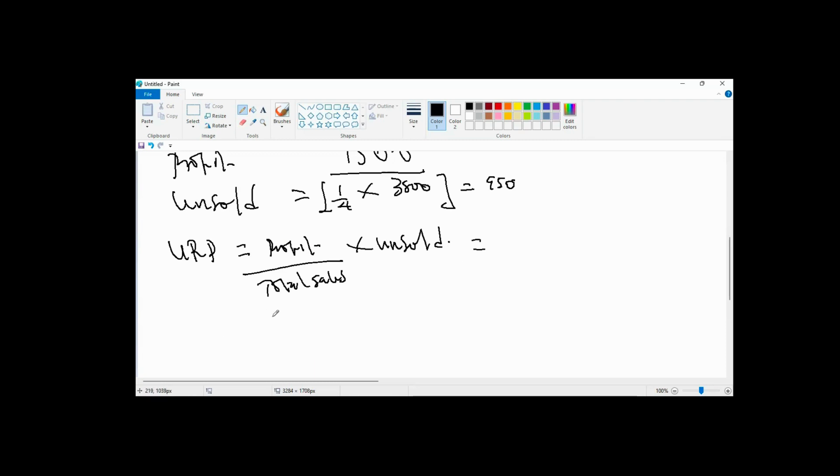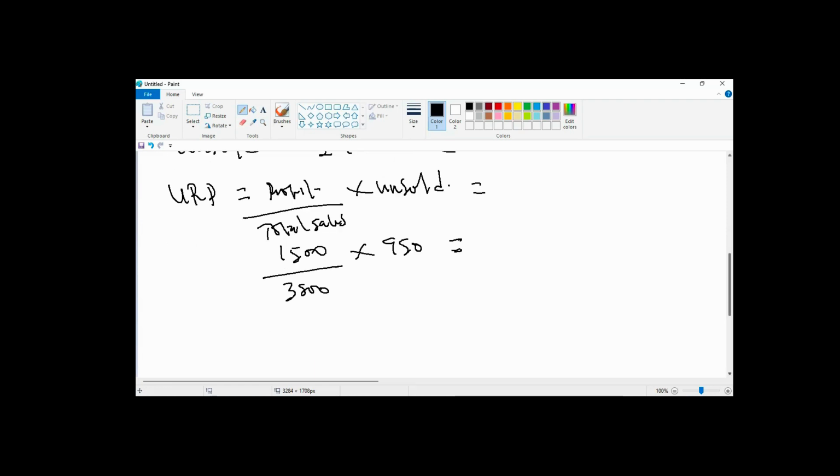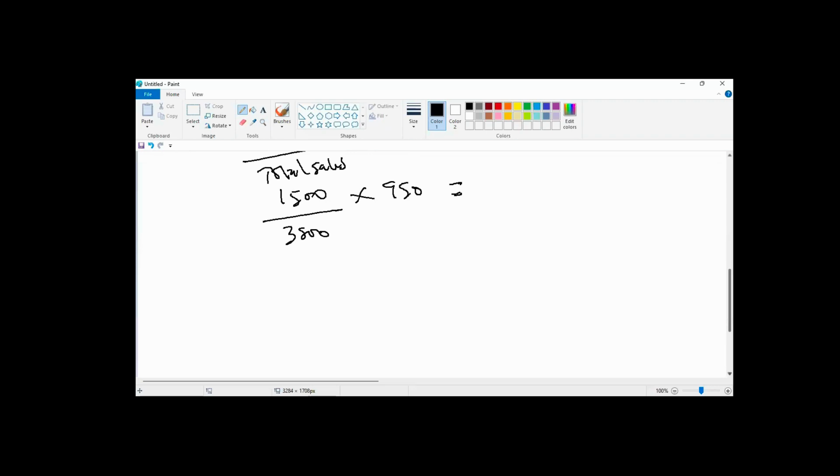What is the profit? 15 divided by 3/8 times 950. That is it. 375.